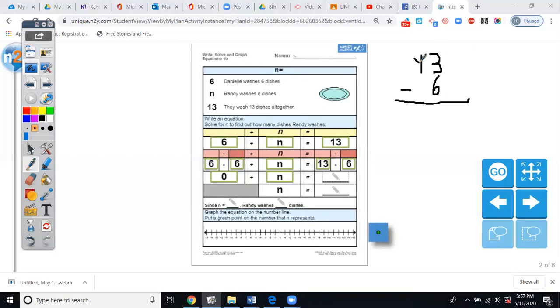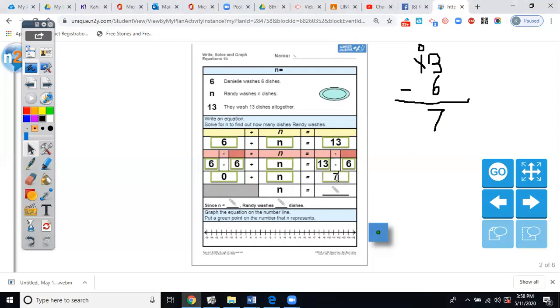So we're gonna knock at Mr. One's door and borrow 1 from him, leaving him with 0. Okay, so there's 13. You can do Spider-Man hands or you can count up. So 3, 4, 5, 6, 7. The total number minus the number that Danielle washed. So that means Randy must have washed 7 of those 13 dishes.